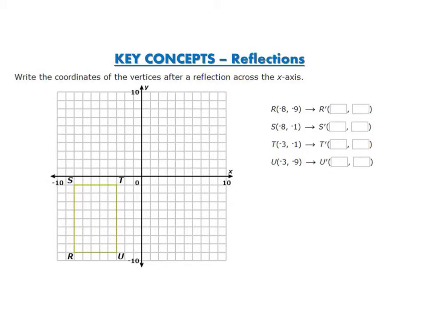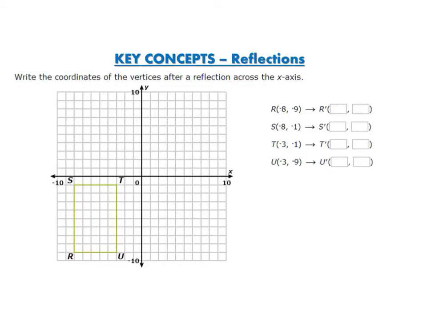Now the second assignment you're going to be doing for reflections is you're going to write the coordinates of the vertices after you reflect. So we are going to look at this shape, SRUT, and come up with what the coordinates are going to be after we reflect across the x-axis.